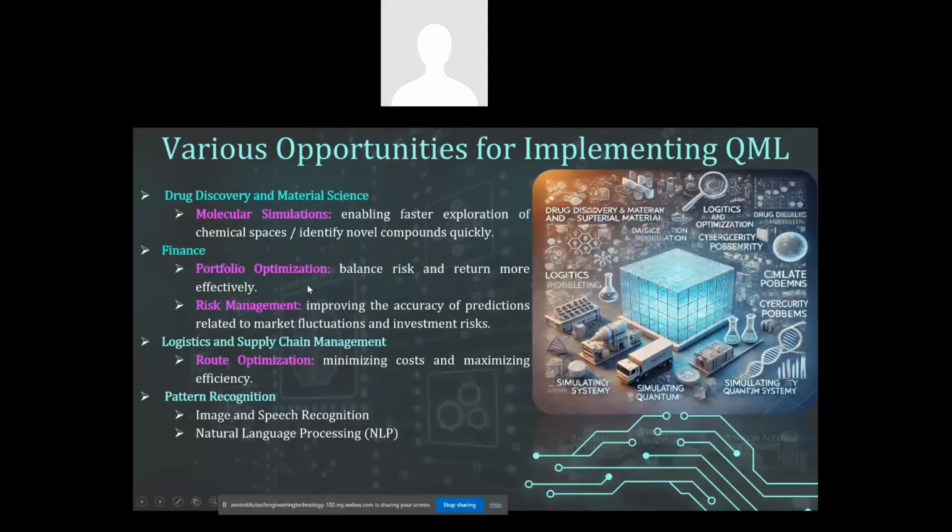We can utilize QML, and then we are seeing logistics and supply chain management. As we saw earlier, I'm just mentioning one here. One is route optimization. With the help of quantum machine learning, we can do route optimization based on the data, right? Based on the route optimization, we minimize the cost.